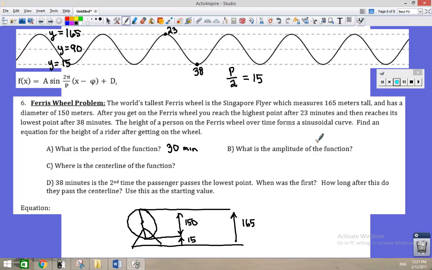All right. So the amplitude, the distance from its center line up to its max is 75 meters. The center line is y equals 90 meters.